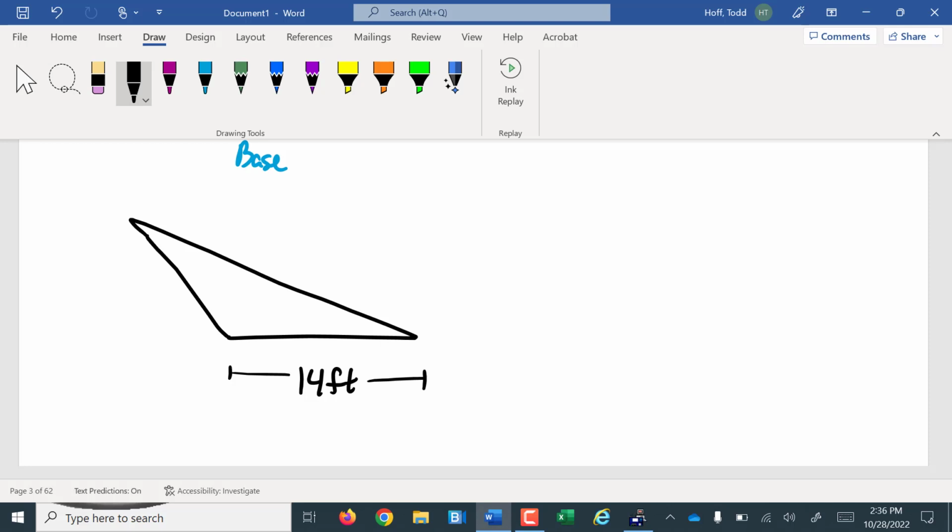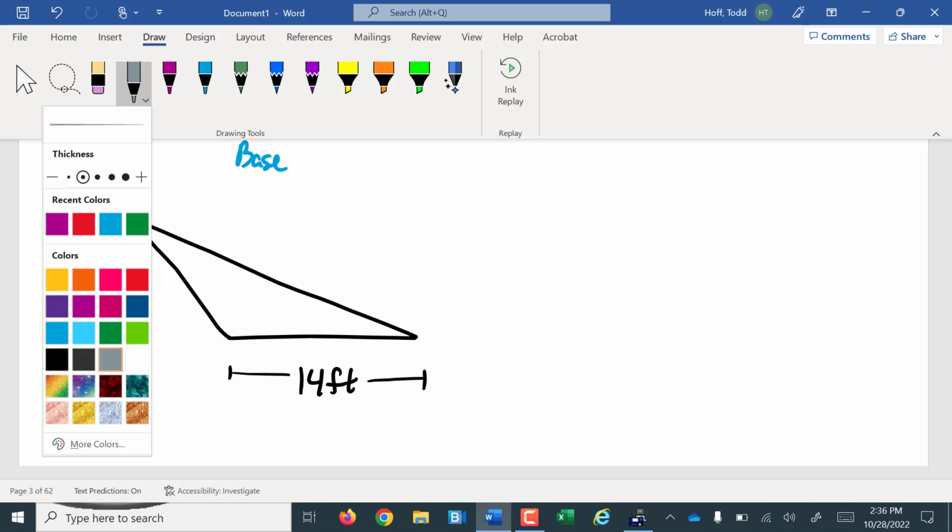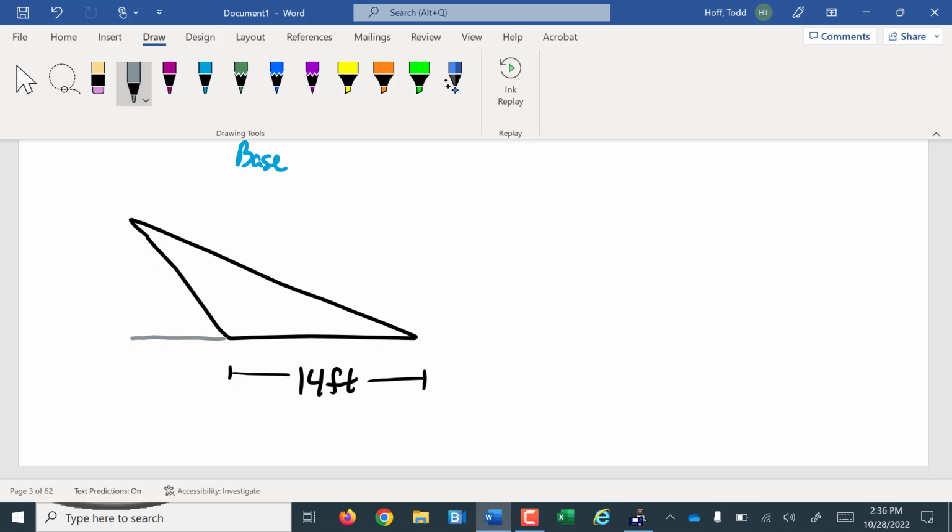Well, I am going to make 3 rectangles and 3 sets of triangles. My first triangle is that big black triangle there. And what I'm going to do is make a gray rectangle that encloses all of that. I'm going to move that off to the side.